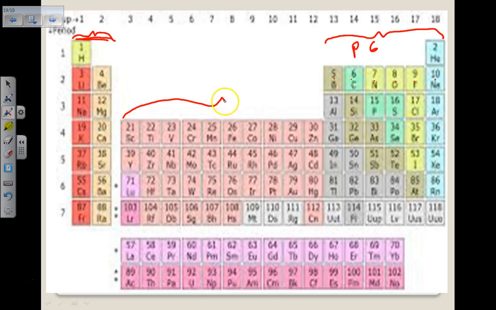How many here? Let's see, 1, 2, 3, 4, 5, 6, 7, 8, 9, 10. Oh, 10. Okay, well, 10 electrons. That's the d orbitals, right? Because the d orbitals, there's 5 of them, and each of those orbitals can hold 2, so 2 times 5 is 10.